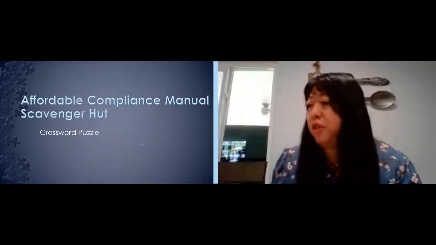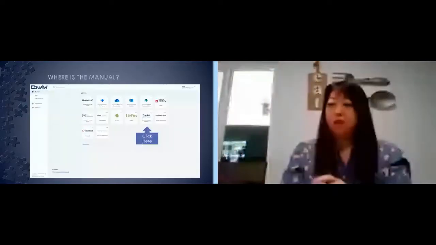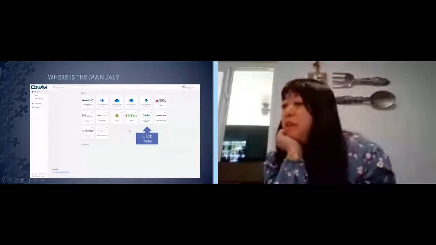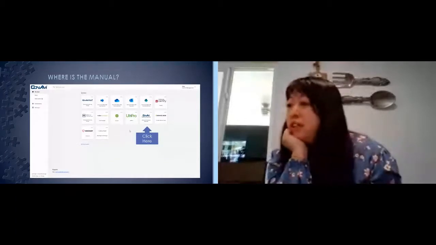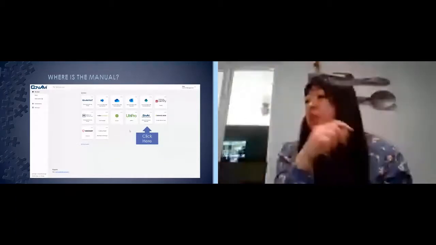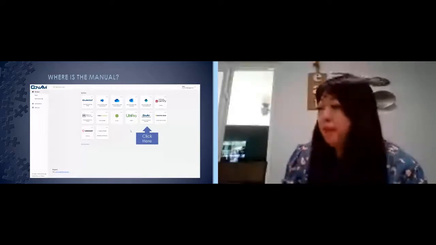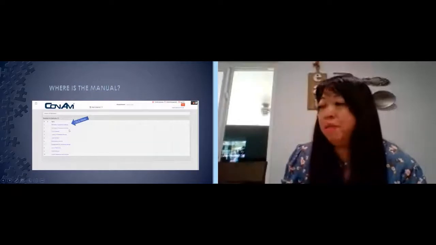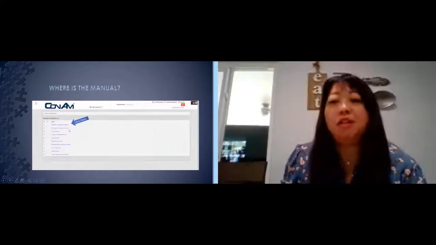I'll share on the screen where the manual is. If you go into the CONAM policy and procedures link in your Okta, that's where you would click to go to the compliance manual. Right here, affordable compliance manual. You need that for the game.